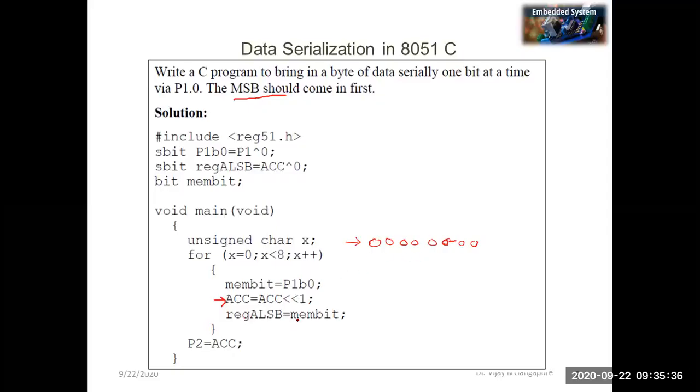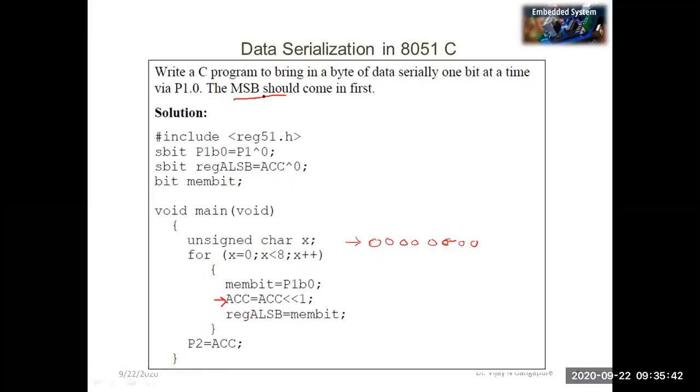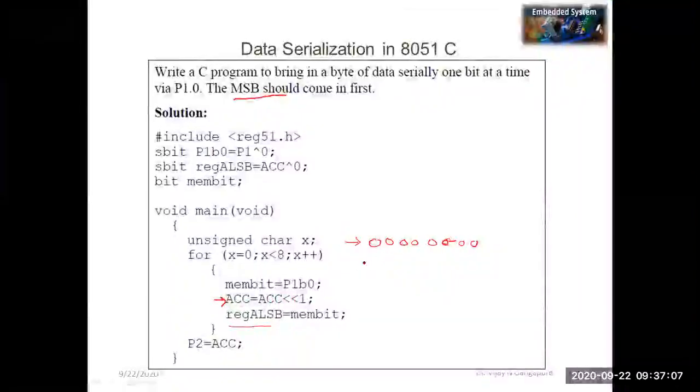Then reg a lsb is equal to mem bit. So whatever data is there in mem bit, which we are assuming is the msb of the data byte being received on pin number 0 of port 1, that msb bit I am assigning to reg a lsb, which is actually bit number 0 of the accumulator. So the first time this statement executes, there is no effect on the data in the accumulator, or we just ignore whatever change happens.